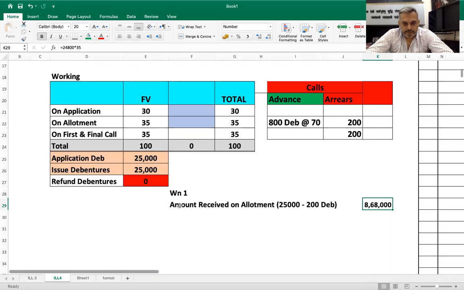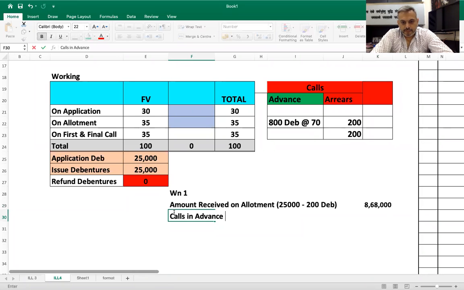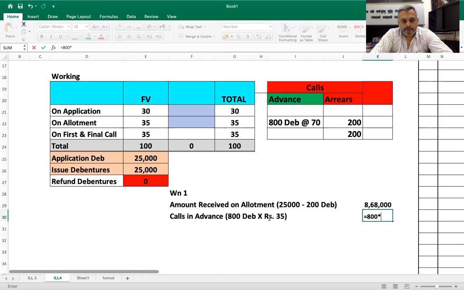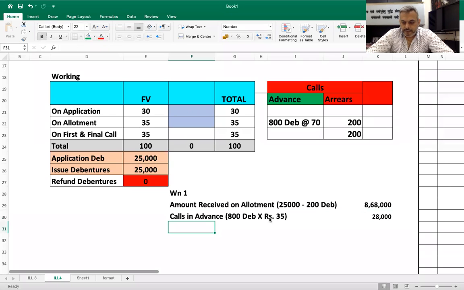Okay. Now calls in advance. We received for 800 debentures rupees 35. So 800 into 35, so 28,000 is what is calls in advance.